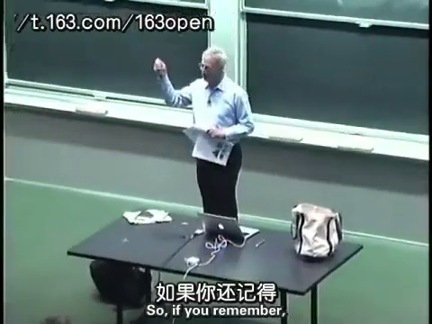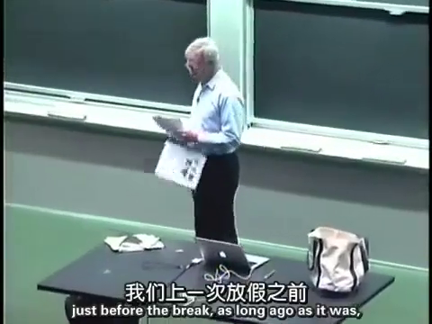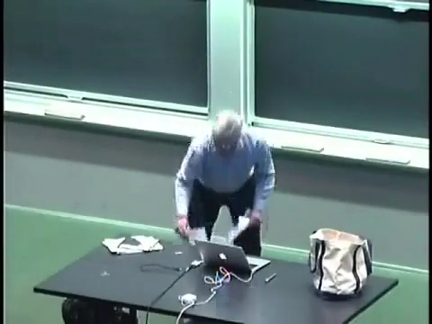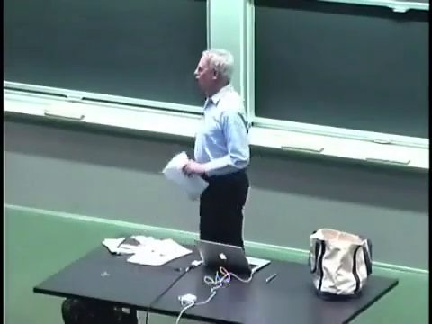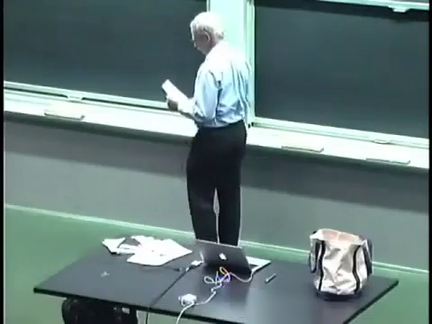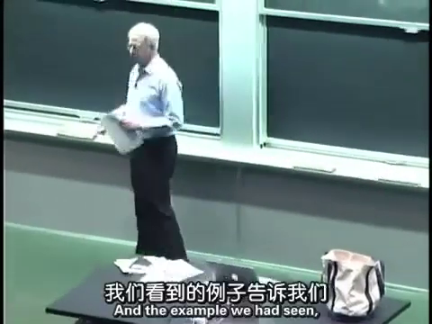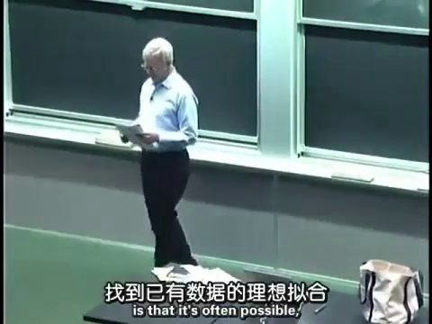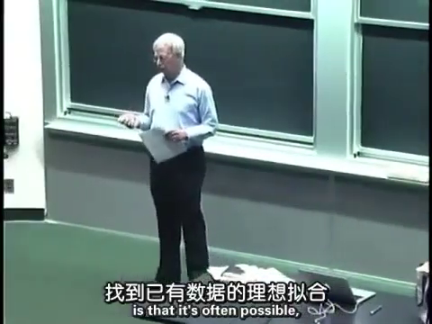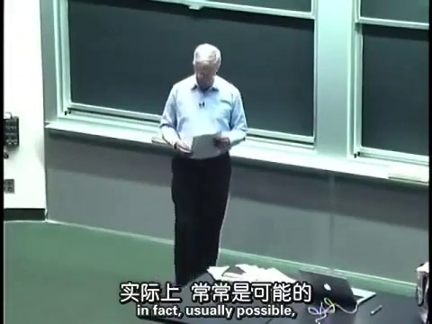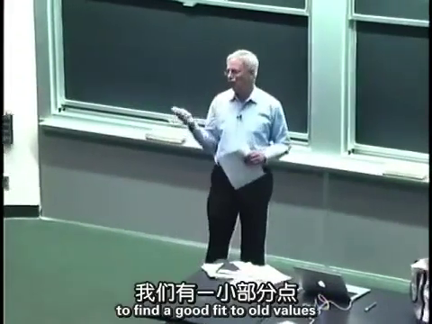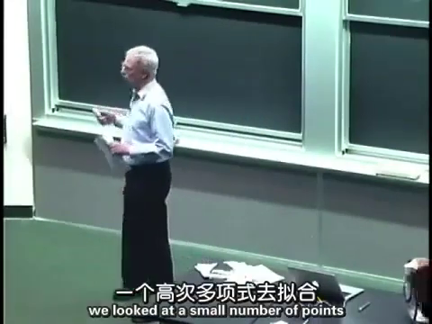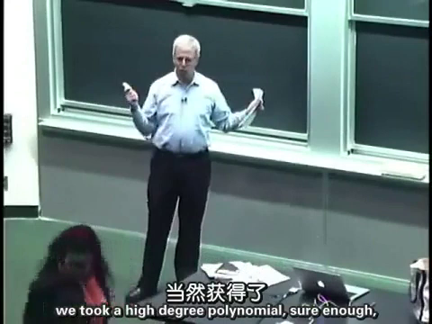So, if you remember, just before the break, as long ago as it was, we had looked at the problem of fitting curves to data. And the example we had seen is that it's often possible, in fact usually possible, to find a good fit to old values. What we looked at is a small number of points. You took a high-degree polynomial.